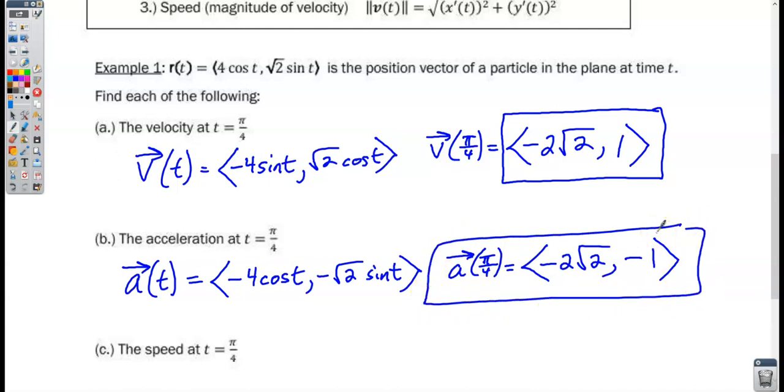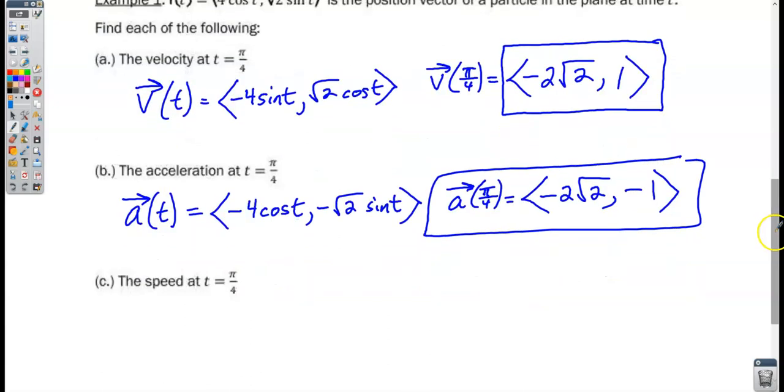And then lastly, the speed at time pi over 4. Speed is the magnitude of the velocity vector, and we already found the velocity vector at time pi over 4. Remember when we were doing motion along a line, we just took the absolute value of the velocity to get the speed.